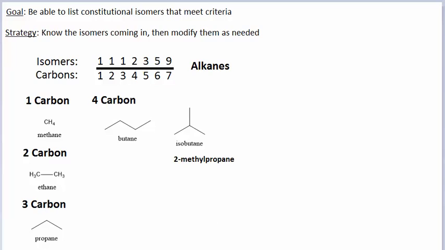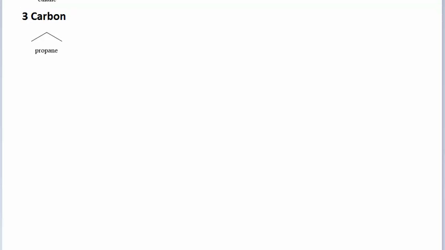Let's look at 5 carbons. This is when things get a little dicier. So, 5 carbons. The first one, again, is the obvious 5 in a row, and that'll just be pentane.